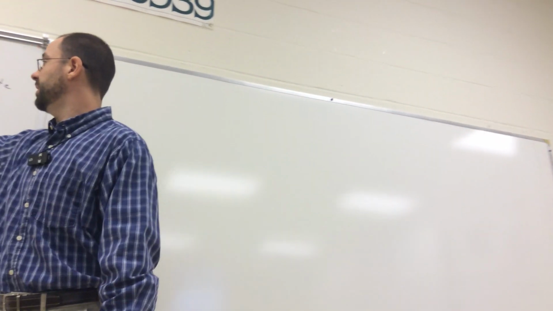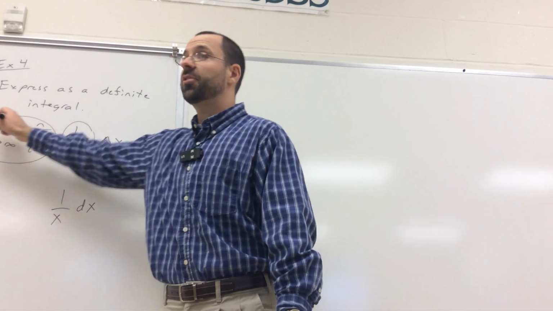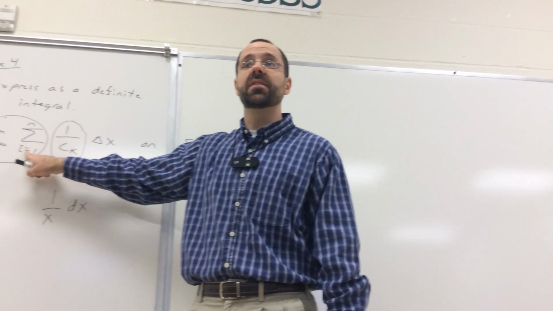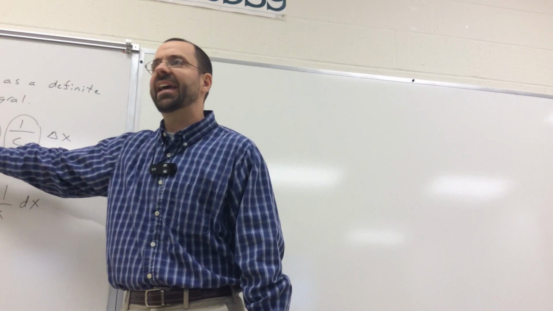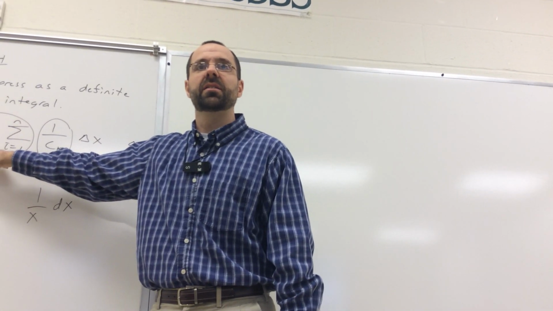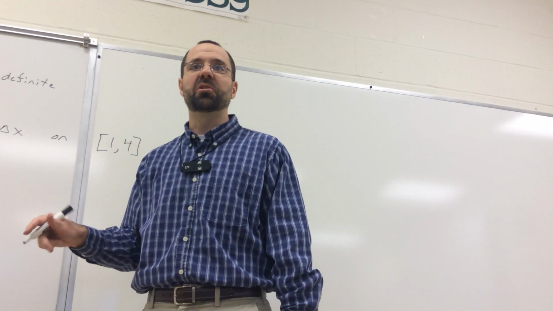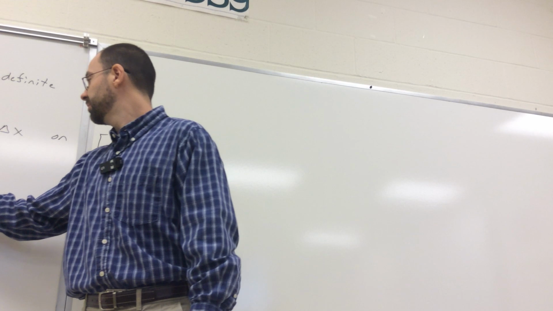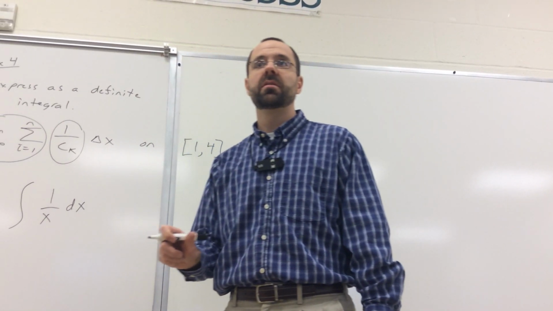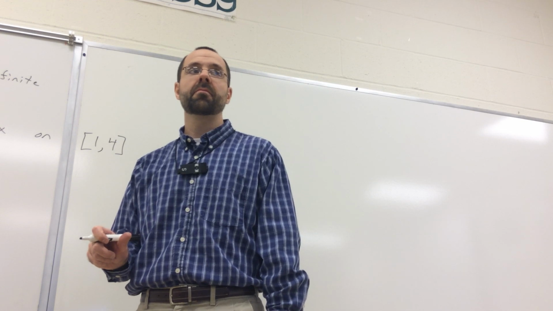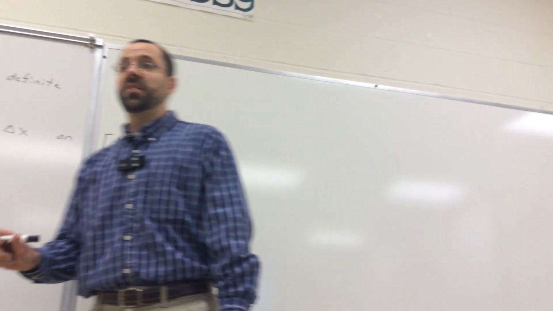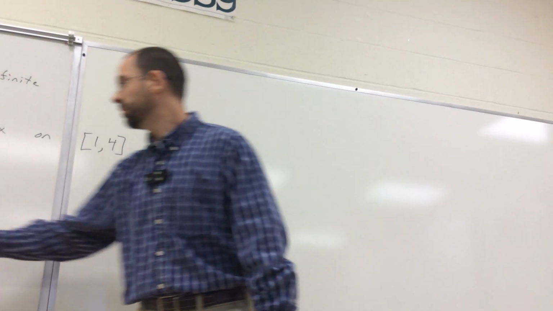Okay, and then all of this says add all of those up. This says add n of them up, but then make n really close to infinity. So how do you add up infinitely many things? Well, we learned the symbol for that today. And then it's on the interval 1, 4.